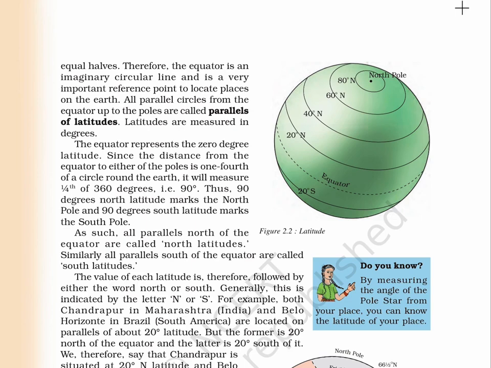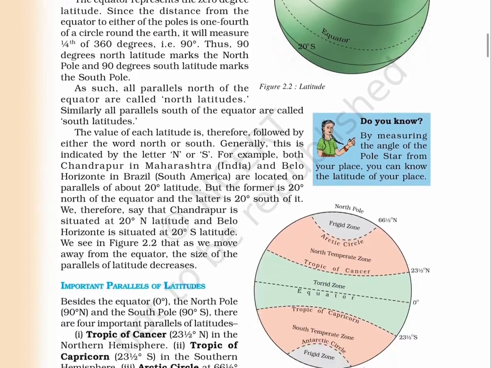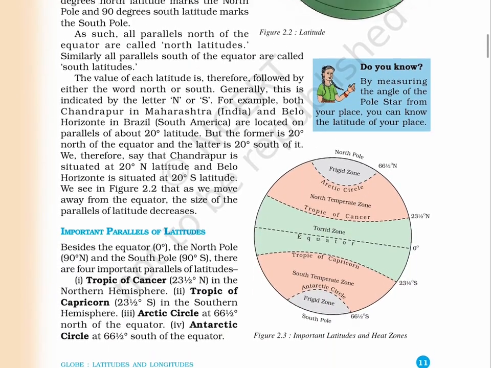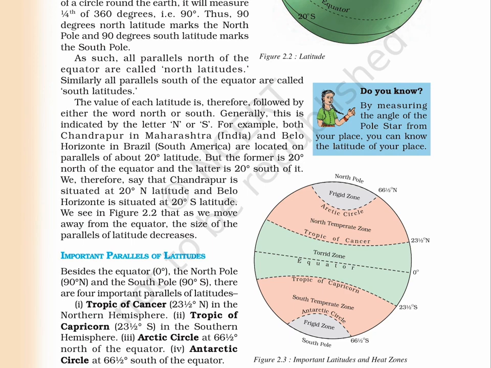For example, both Chandrapur in Maharashtra, India, and Belo Horizonte in Brazil, South America, are located on parallels of about 20 degrees latitude. But the former is 20 degrees north of the equator and the latter is 20 degrees south of it.